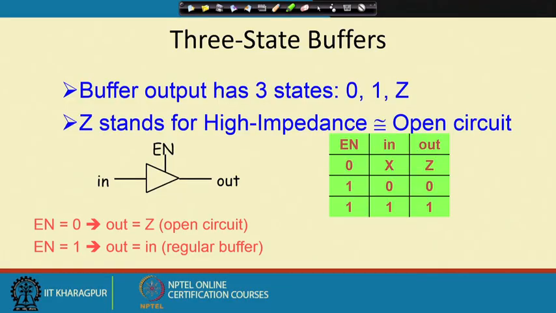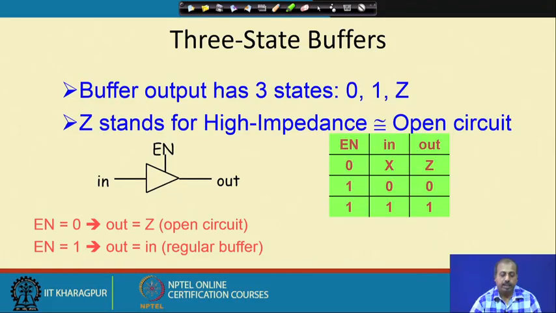So enable equal to 0 gives output equal to Z, which is equivalent to an open circuit, and enable equal to 1 gives output equal to input, which is the regular buffer operation.